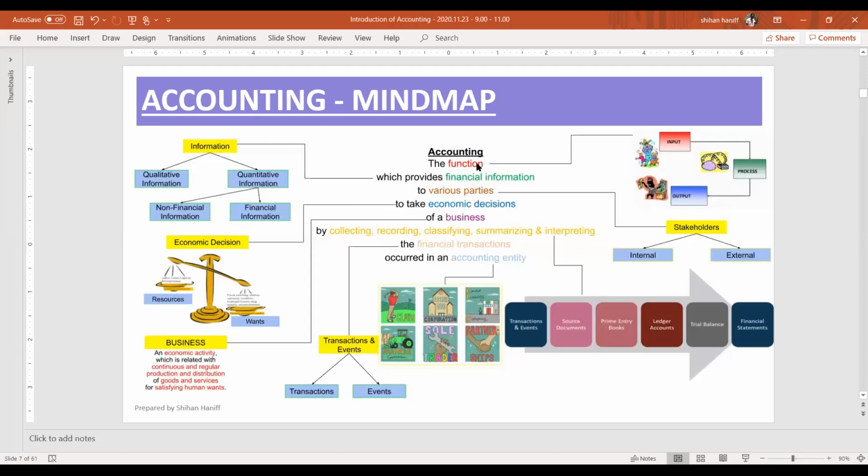Let me show from the mind map, so it will be easy. Function means there is an input, process, and output. In the second term, which provides financial information, we need to know what is meant by financial information.